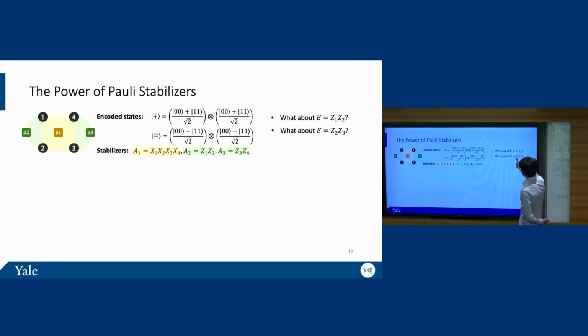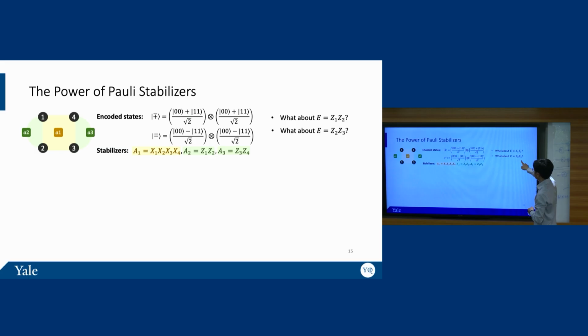Now let's look at Z2, Z3. This is not something that you have in your set of stabilizers. But notice that it is actually the product of A1 and A2 and A3. Right, so if you multiply Z1, Z2, oh, sorry, this is maybe not. So I'm looking at something else. I'm looking at Z2, Z3, which is performing a Z gate on the second qubit and the third qubit.